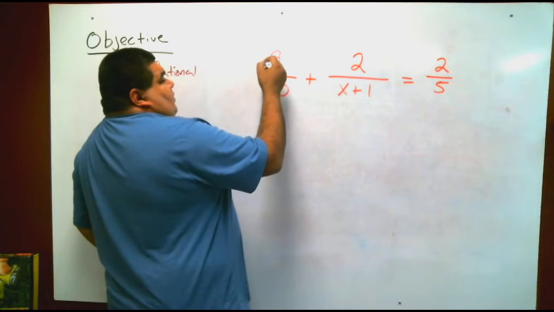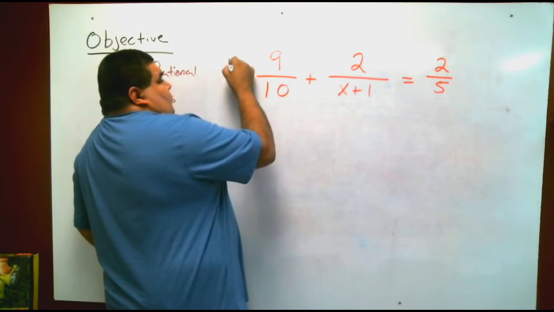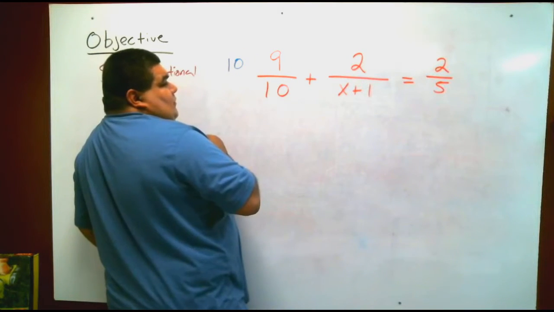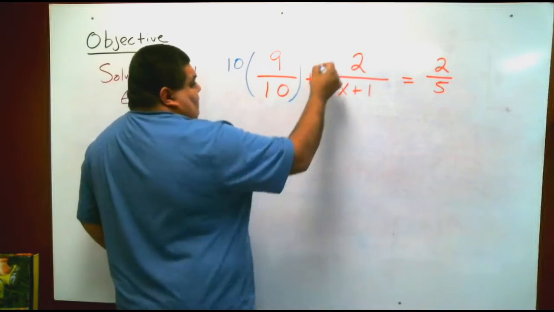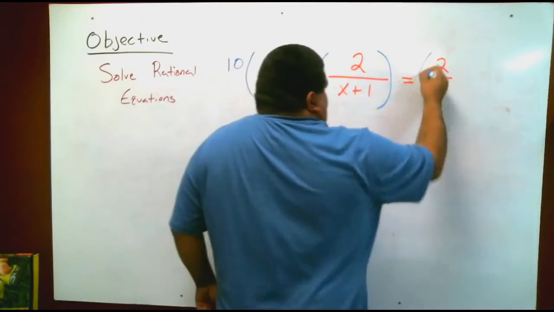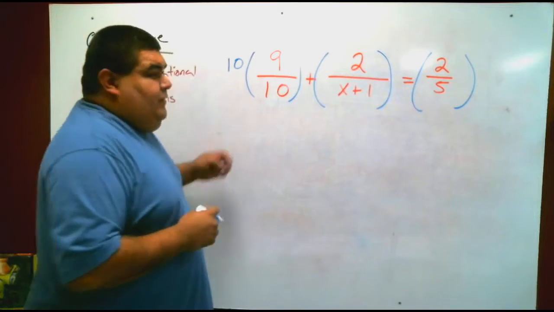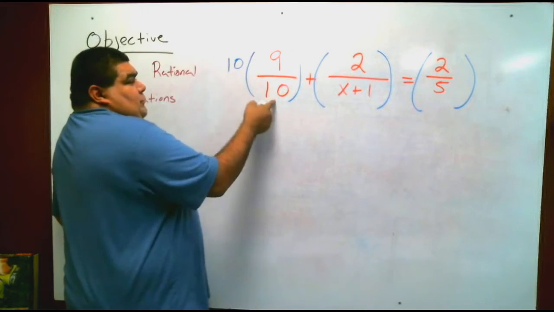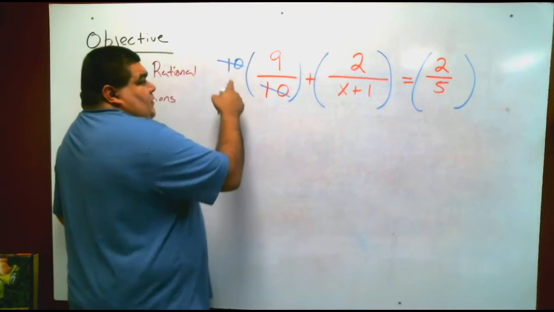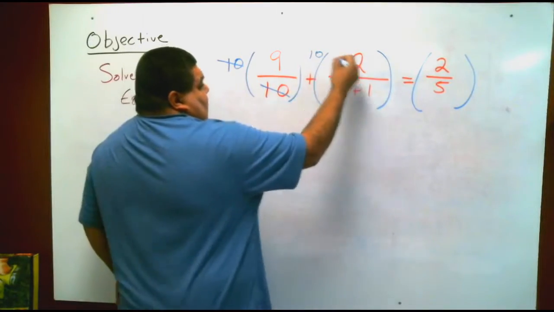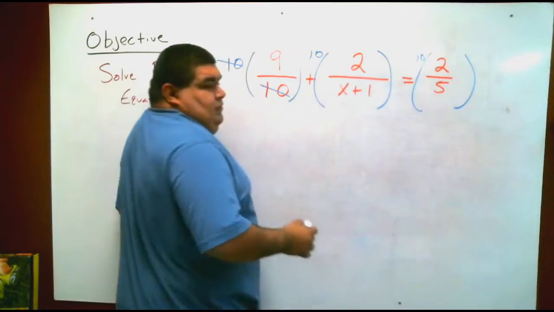In order to get rid of it, we're going to multiply times 10. Here, here, and here. Notice that we already have two tens here. They cancel out. But wait, we still have a 10 here and a 10 here.